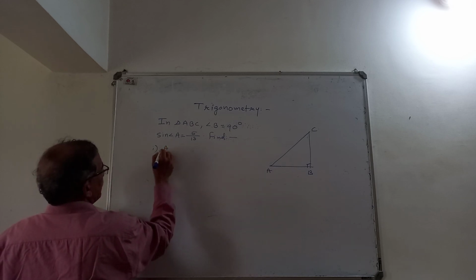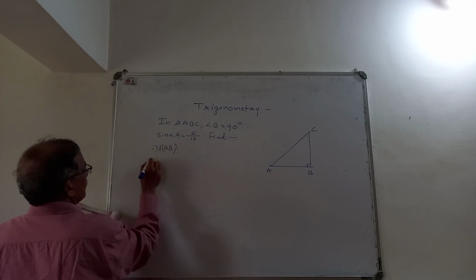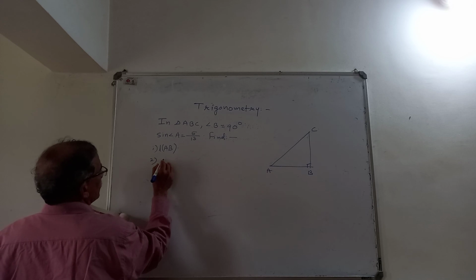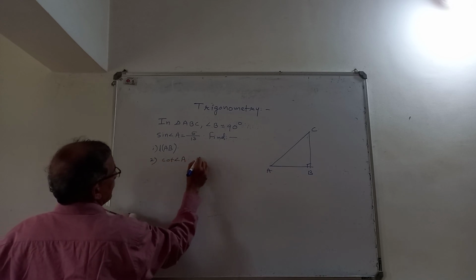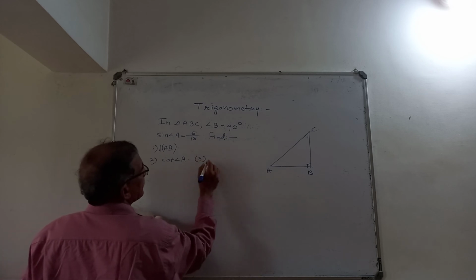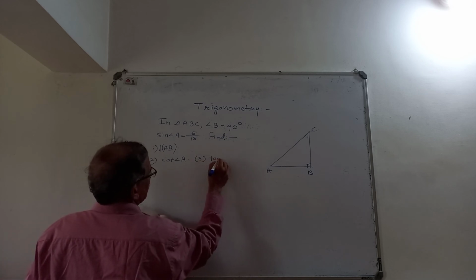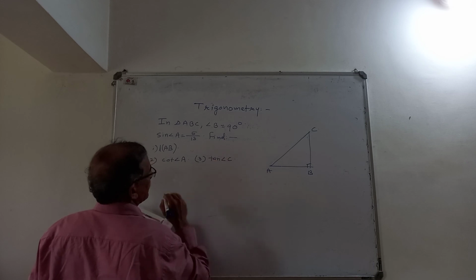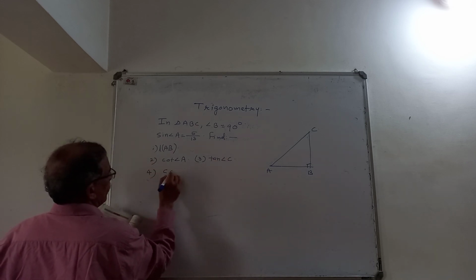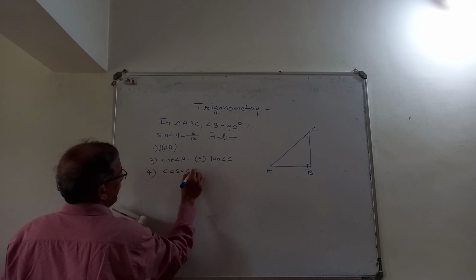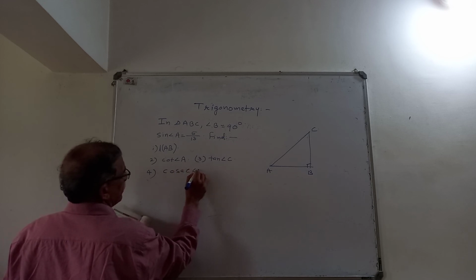Length AB. 2. Cot of angle A. 3. Tan angle C. And 4, if you want, I shall write here cosec of angle A.